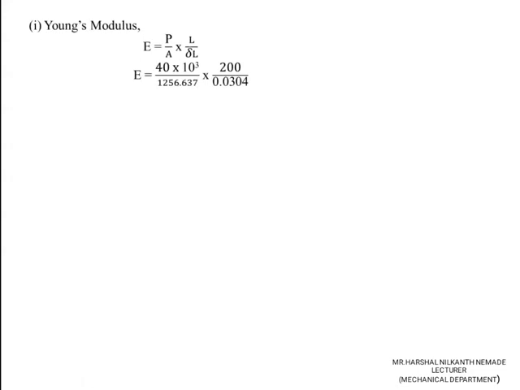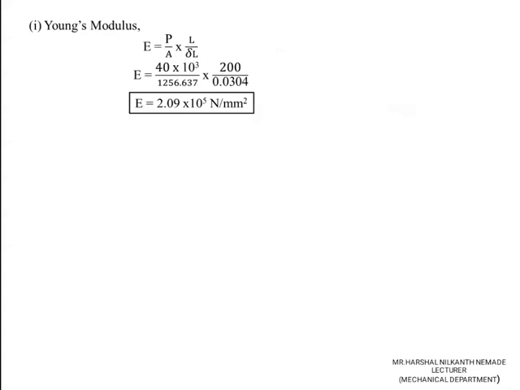Young modulus is given by E is equal to P into L divided by A into delta L. So P value is 40 into 10 raised to 3, divided by A value 1256.637 multiplied by delta L value 0.0304, with L value 200 mm. Calculating all these values, I get capital E is equal to 2.09 multiplied by 10 raised to 5 Newton per mm square. This is the value of Young modulus.